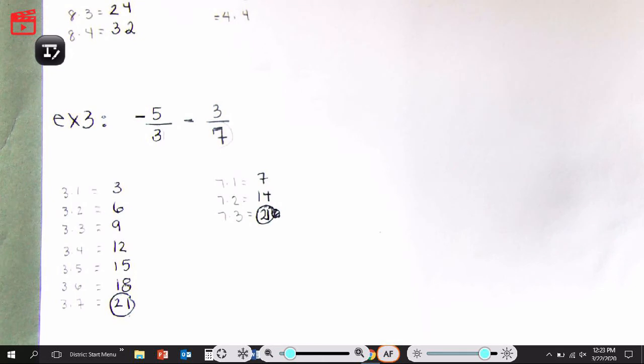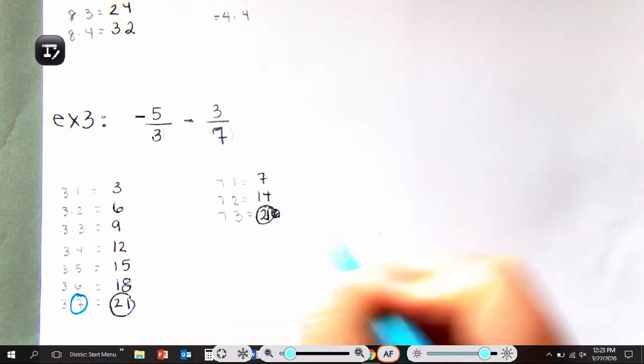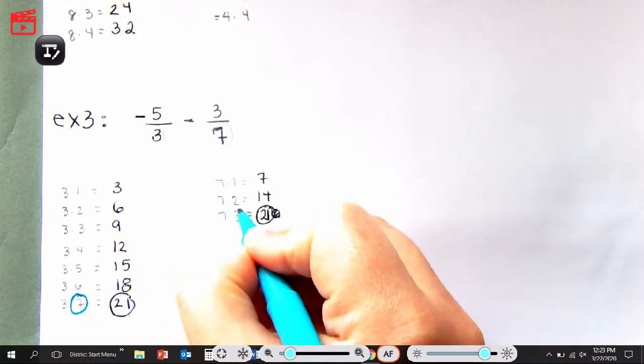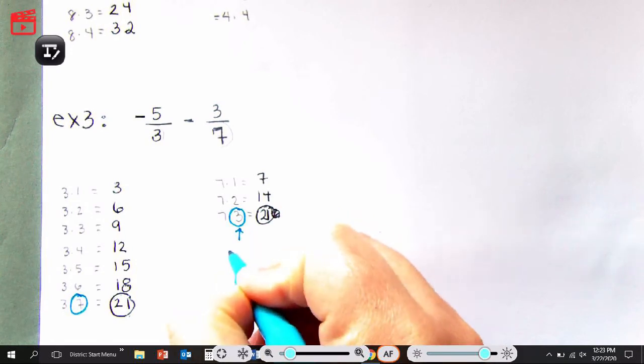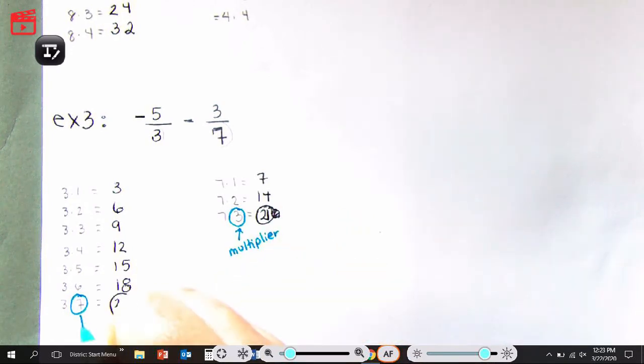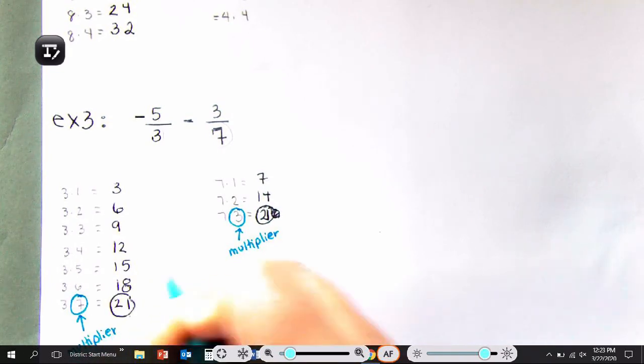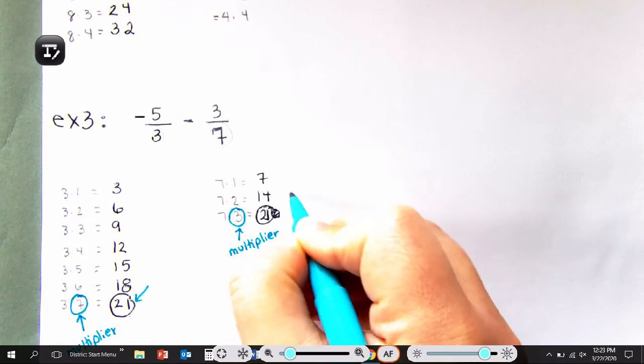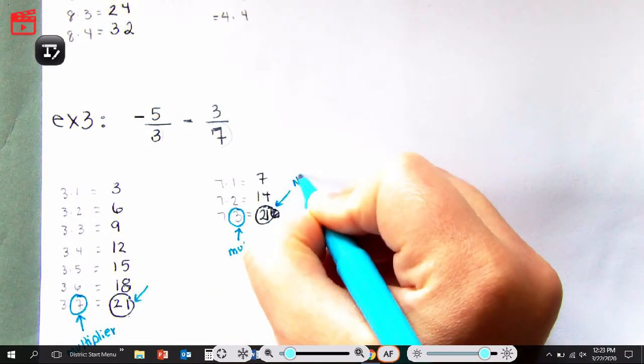And then we have to identify what our multiplier is. What did we multiply by? We multiplied 3 by 7, and we multiplied 7 by 3. So this is our multiplier. And 21 is your new denominator.